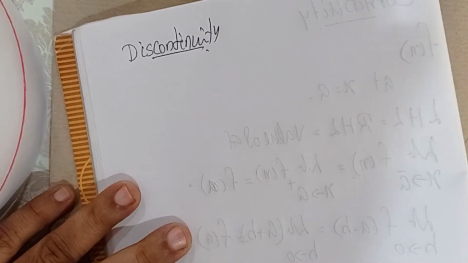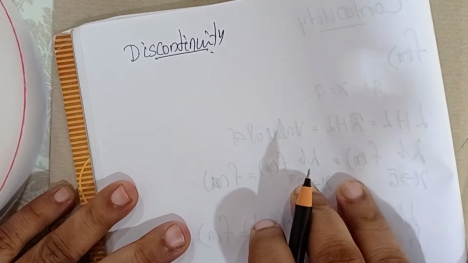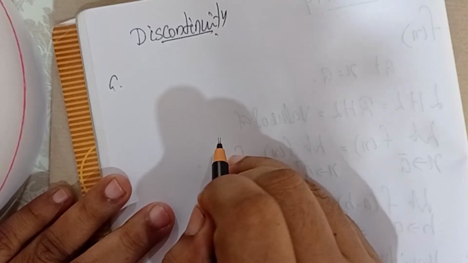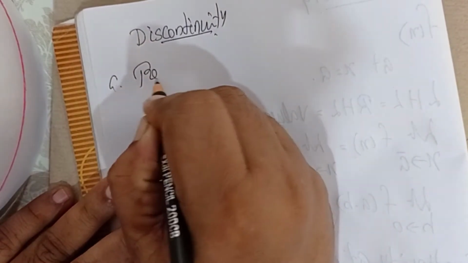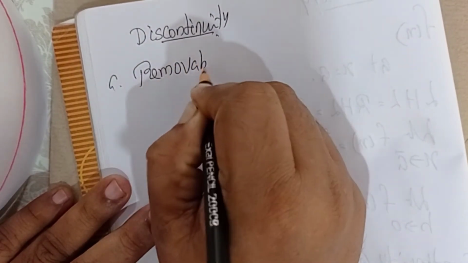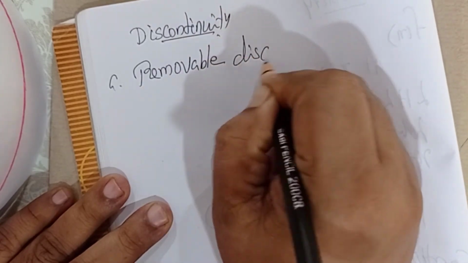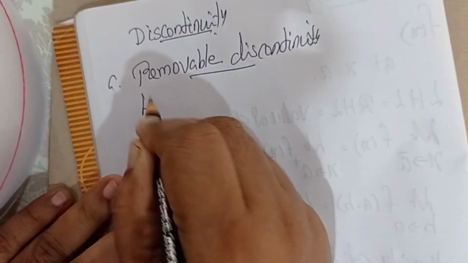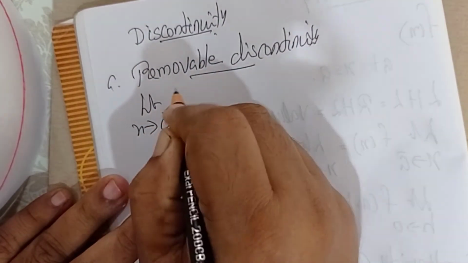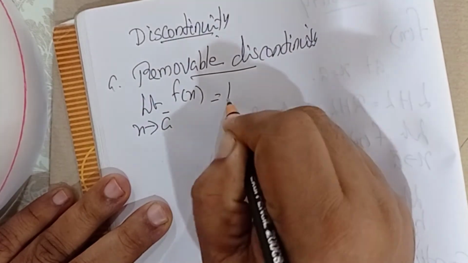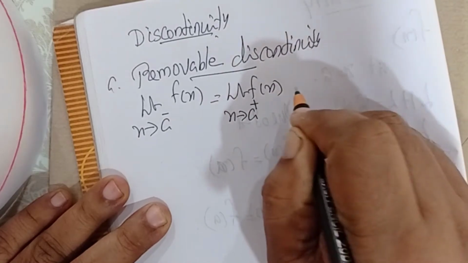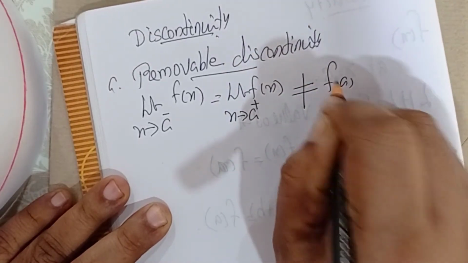There are three types of discontinuity. First one is removable discontinuity. Limit x tends to a minus f(x) equals limit x tends to a plus f(x), but that is not equal to f(a).